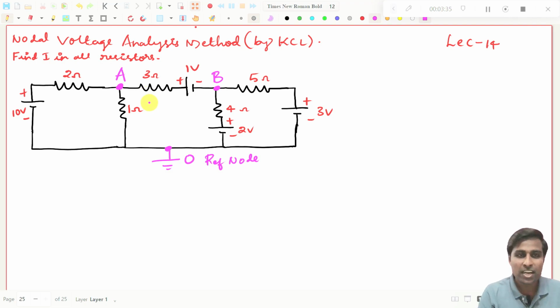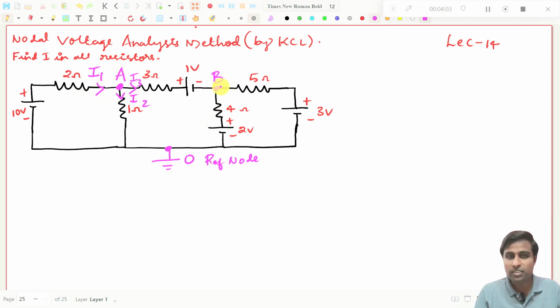I will assume this is I1, the first branch current, this is I2, and this other branch is I3.